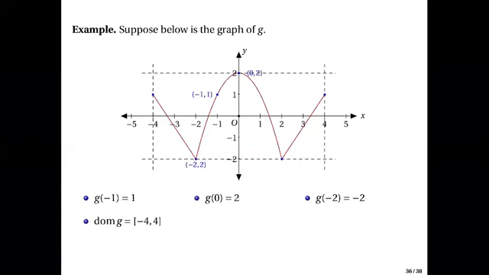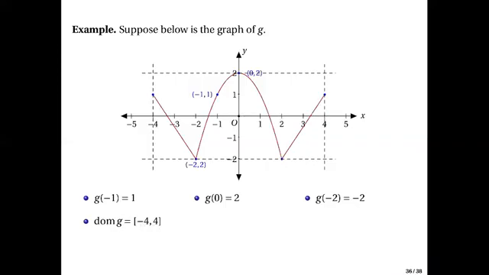Everything between negative 4 and positive 4 is taken into consideration. You don't see any holes. Remember the hole? If there's a hole, it means it's not included. So the domain will be from negative 4 to positive 4.